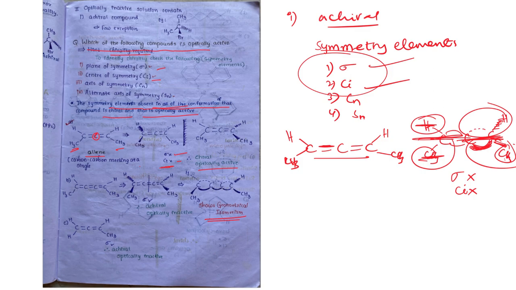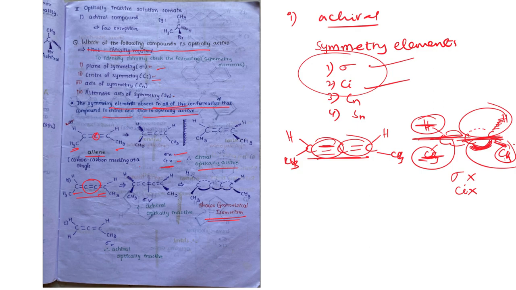Now in case three double bonds are there, here how many double bonds? One, two, three double bonds are there, meaning the middle one is vertical and the left and right are horizontal, as shown here.